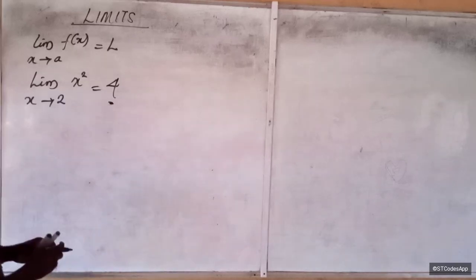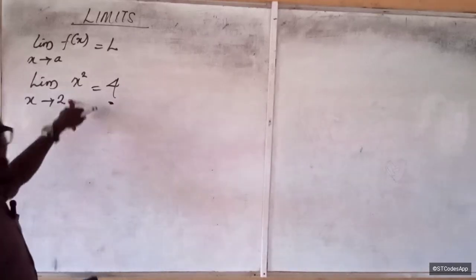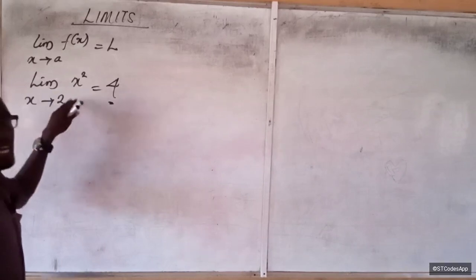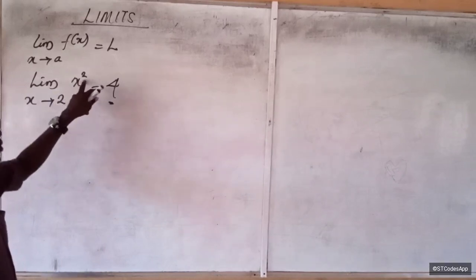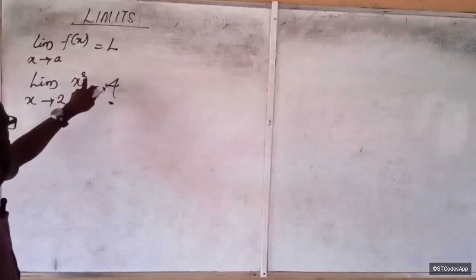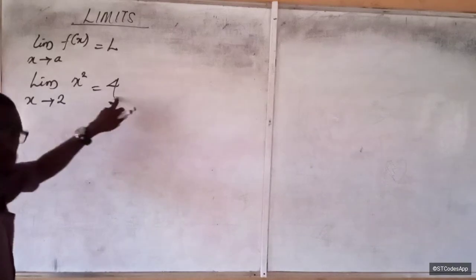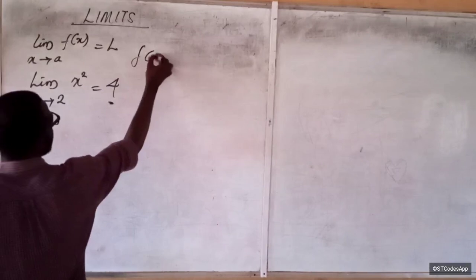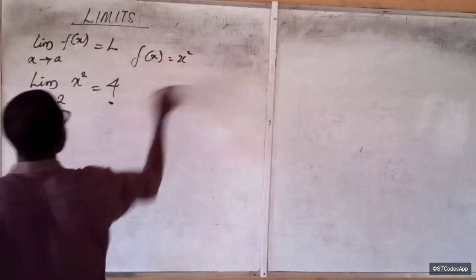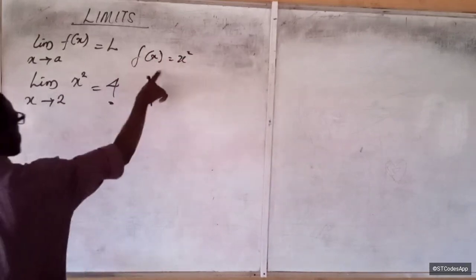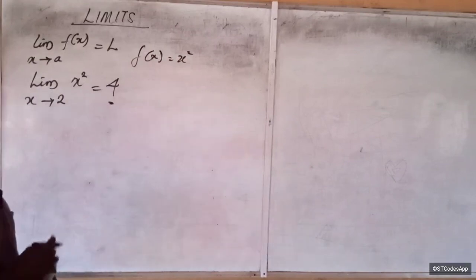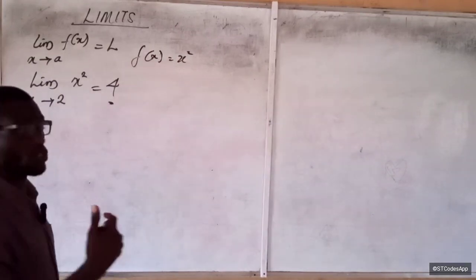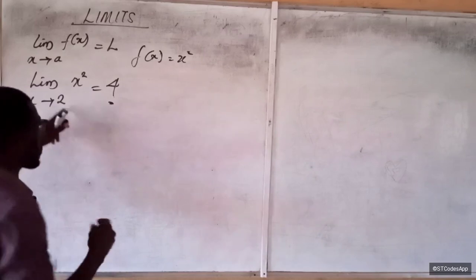It means that as x gets closer and closer to 2, what your function approaches is x squared, which is 4. Since f of x here is x squared, then the limit of that function is 4. That is, the function will not go beyond 4 as x approaches 2.